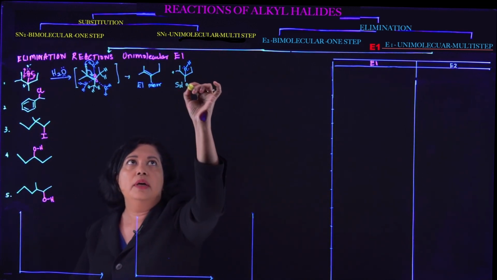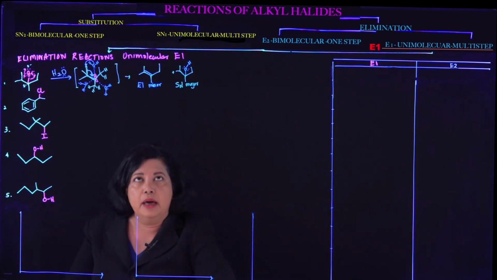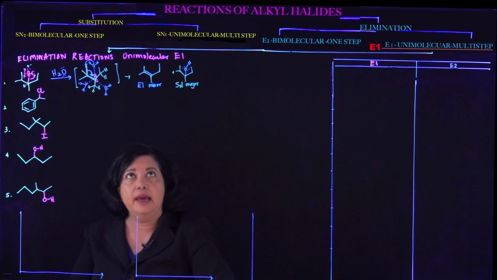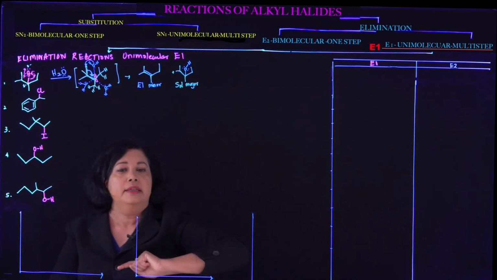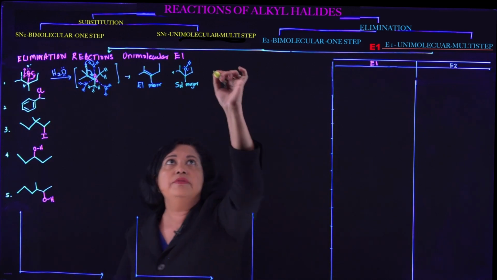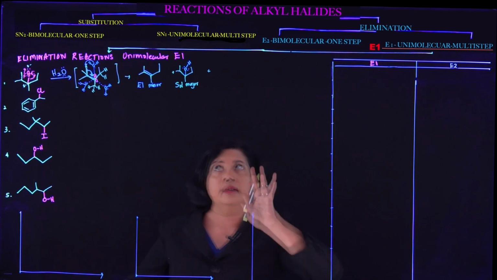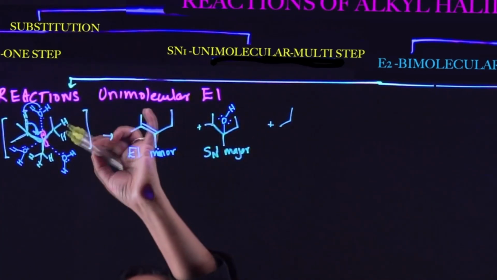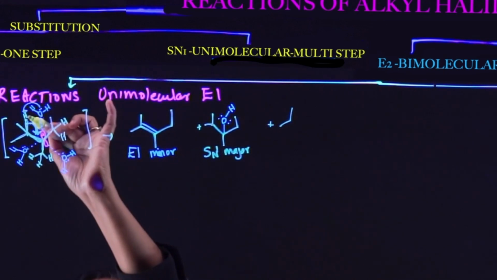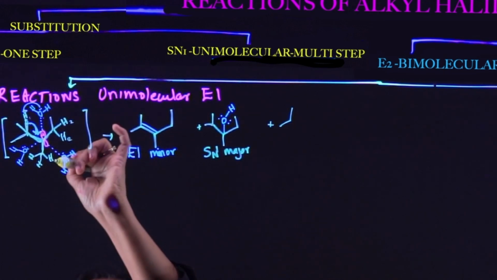Let's say SN1 major. In addition to this minor product, you can have others too by pulling this off and this off. So here again, you don't have to draw a Newman projection to see which ones are aligned and so on. In this case, you can either pull off this hydrogen or this hydrogen. So let's call this 1, 2, 3.